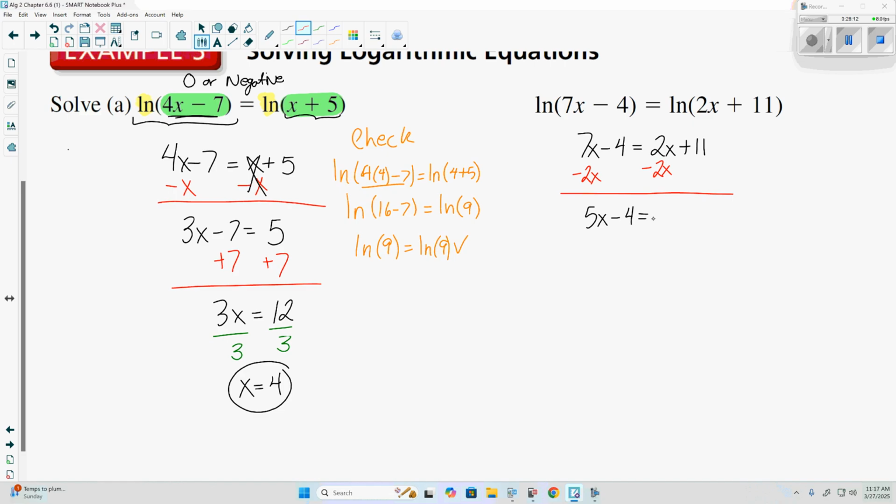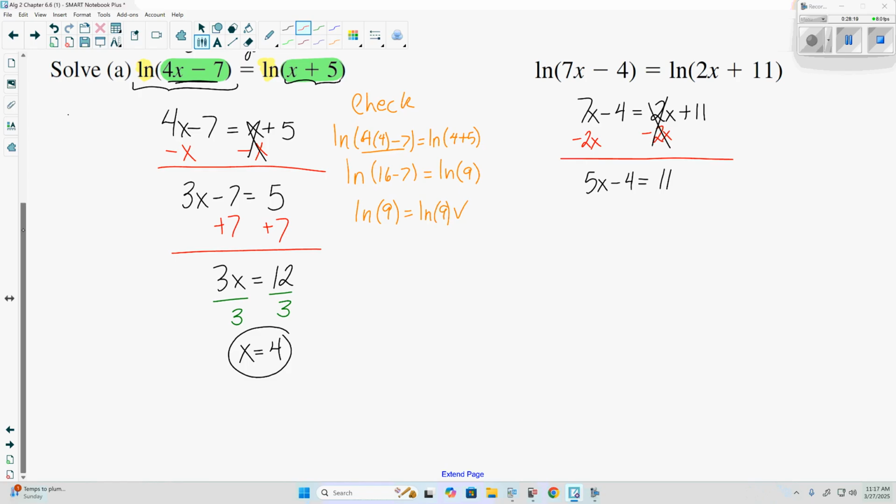We still have our minus 4 is equal to 11. Again, x is not by itself yet, so we can add 4. Negative 4 plus 4 is 0, telling us that 5x is equal to 15. And lastly, we would divide by 3, telling us x is equal to 5.